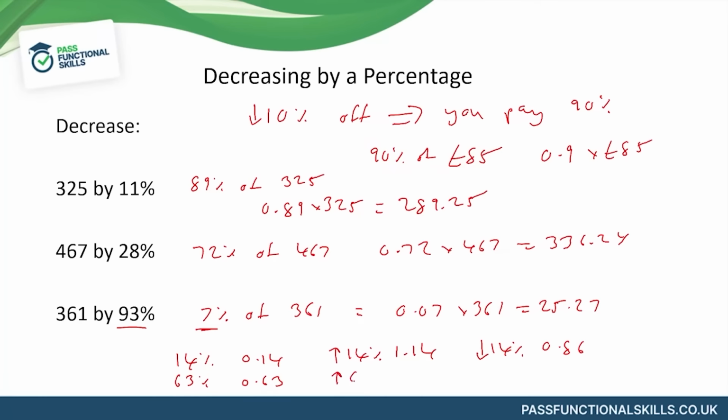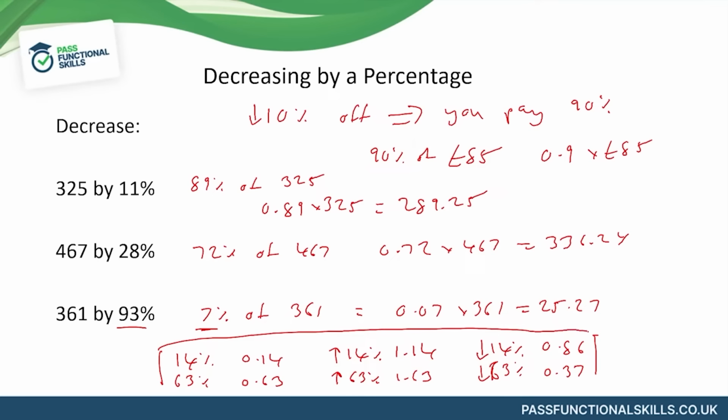If you're increasing by 63%, it'd be 1.63, and for a decrease, that would be 37% of the total, so 0.37. If you can get your head around these multipliers and apply that, then that puts you in a position as being a very strong mathematician, in my opinion.